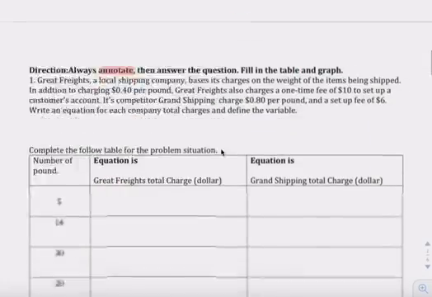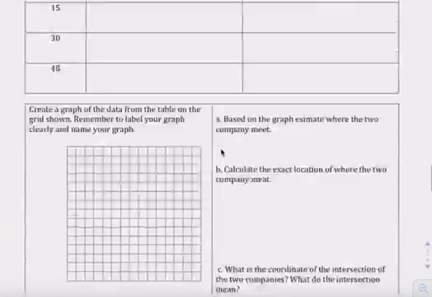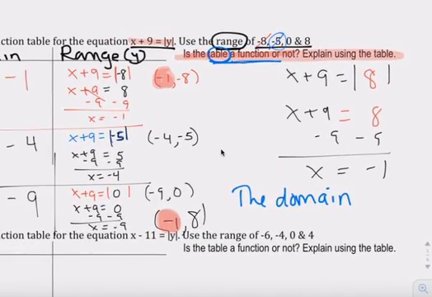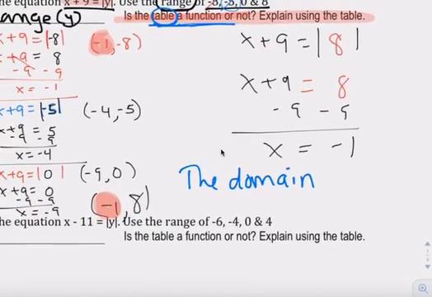Okay, now this here is not a function because there's no graph, it's a separate table. So you say the domain of -1 repeats.